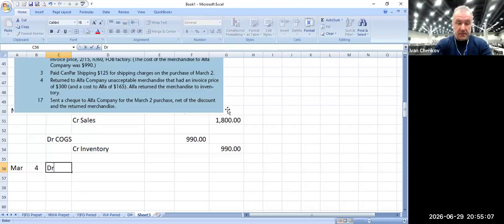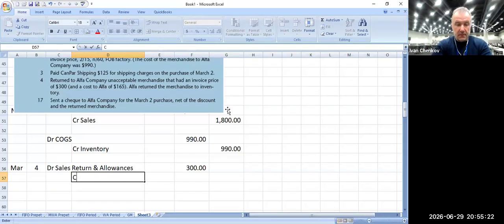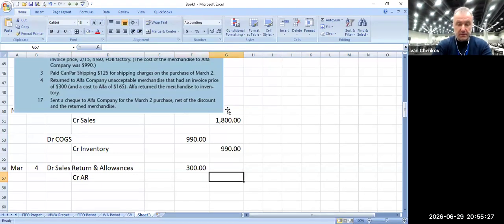So first, we're going to debit sales returns and allowances with $300. Then we're going to reduce the amount that he's going to pay. Accounts receivable is going to go down by $300.